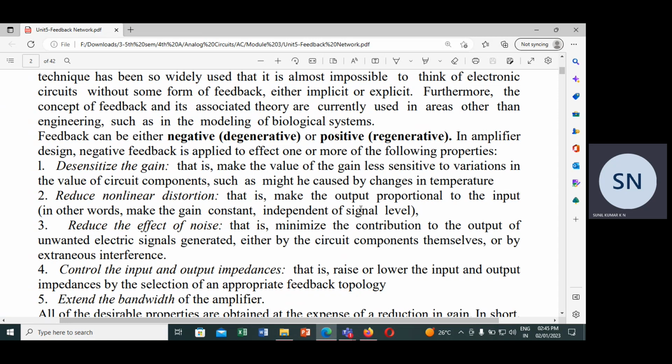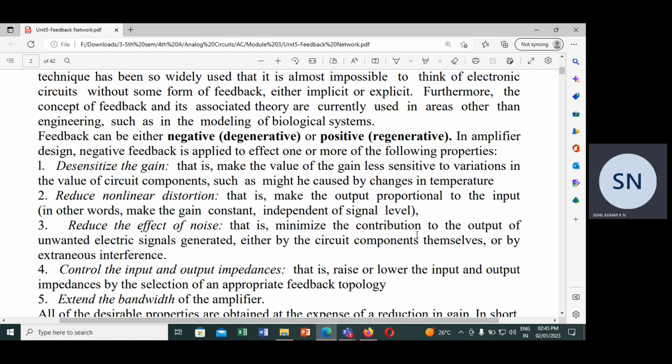It can be electrical, that is the component circuit noise, or it can be outside noise. Outside noise or electric circuit noise can be reduced by employing negative feedback. Whenever you employ negative feedback, it reduces the effect of noise. If noise gets reduced, the system will become more accurate.